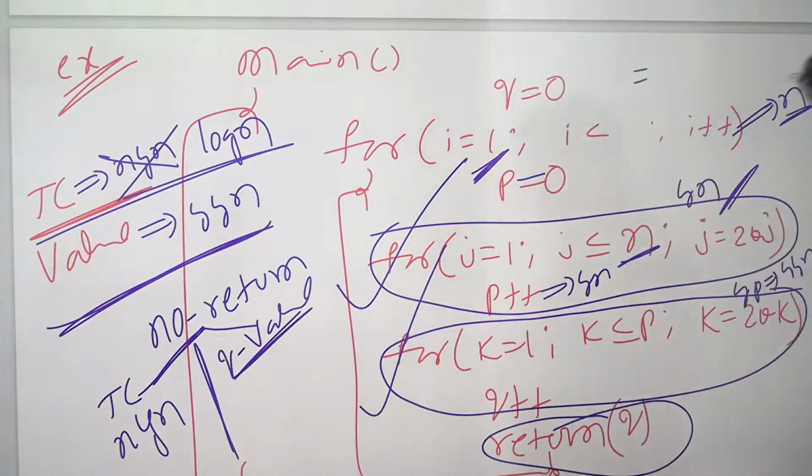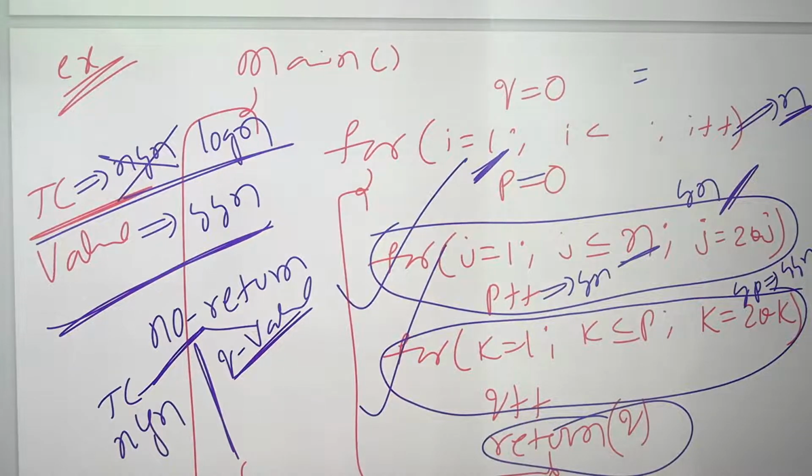Can you check? If no return, what is the Q value? And Q is not assigned again and again.